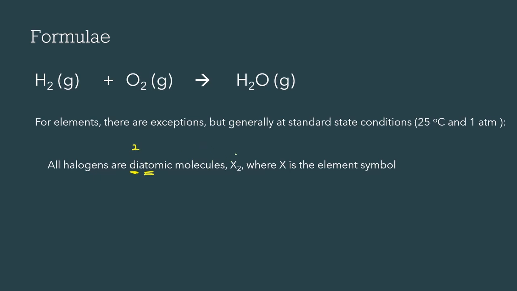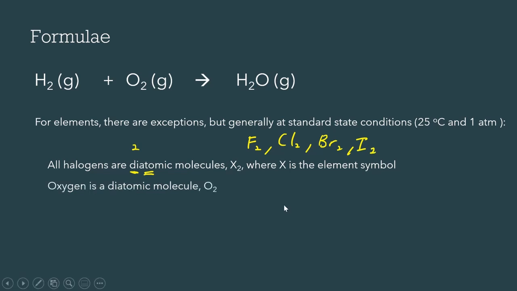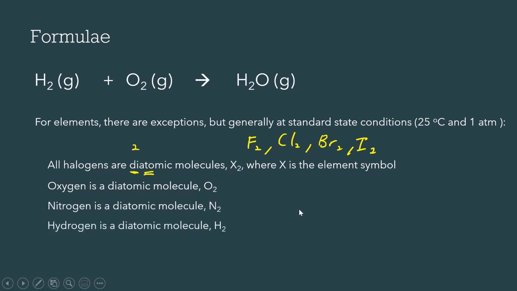So the general formula for halogens would be X2. In writing chemical equations, the element fluorine would typically be written as F2, chlorine as Cl2, bromine as Br2, iodine as I2. Oxygen, as we have seen already, also exists as a diatomic molecule, O2, nitrogen as N2, and hydrogen as H2.